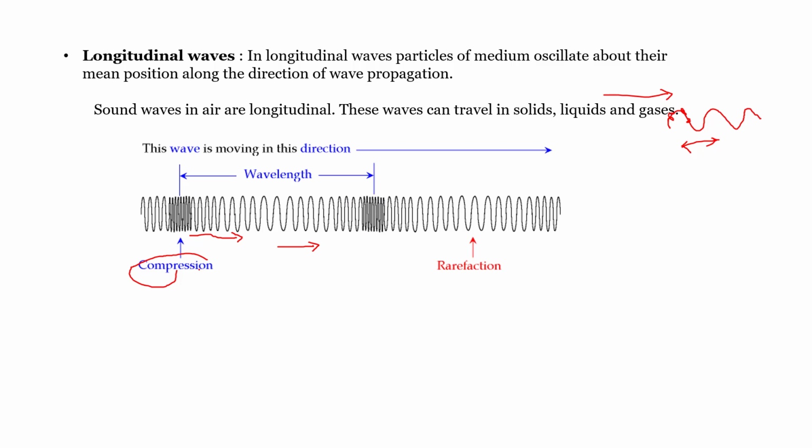The distance between one compression and the next, let's suppose these two, we know as the wavelength of that longitudinal wave. This is the propagation of the wave as I told, and this expanded part is known as the rarefaction.